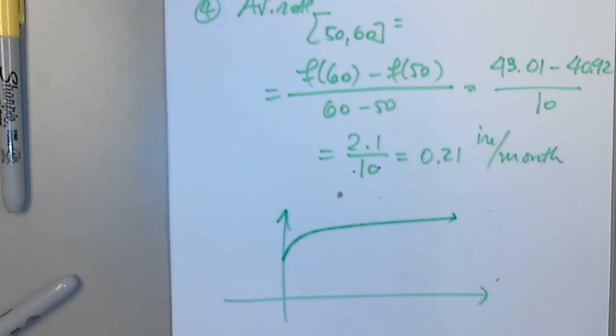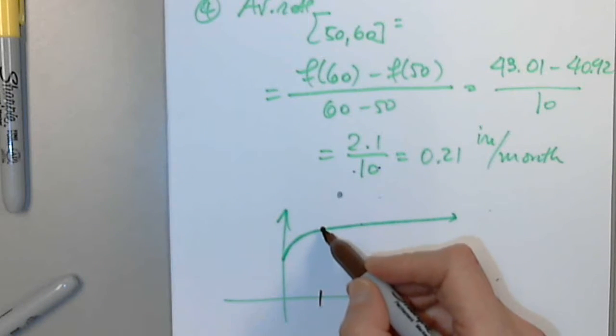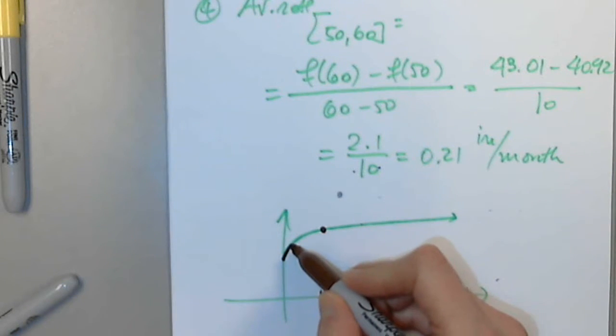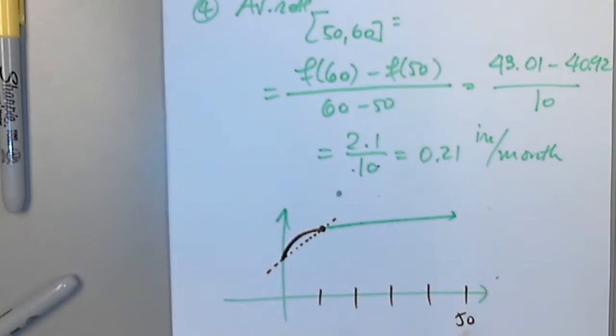So 10, 20, 30, 40, 50, 60. So between 0 and 10, look how steep the slope is, which is the average rate, almost an inch per month.